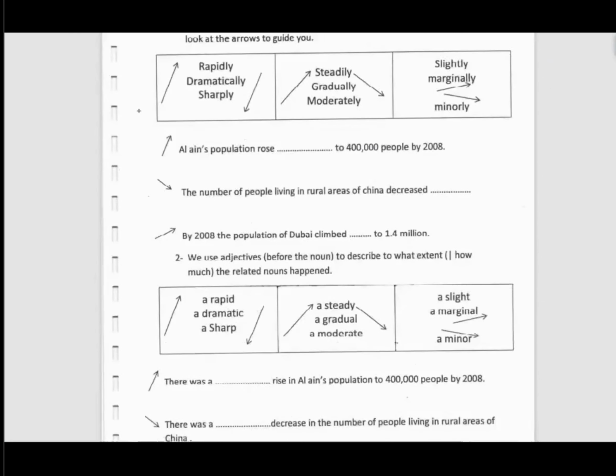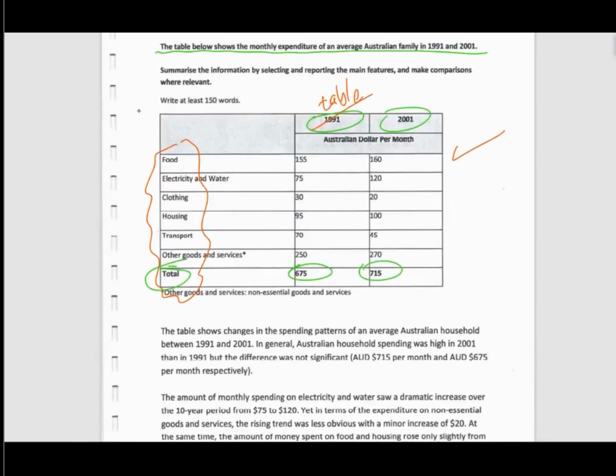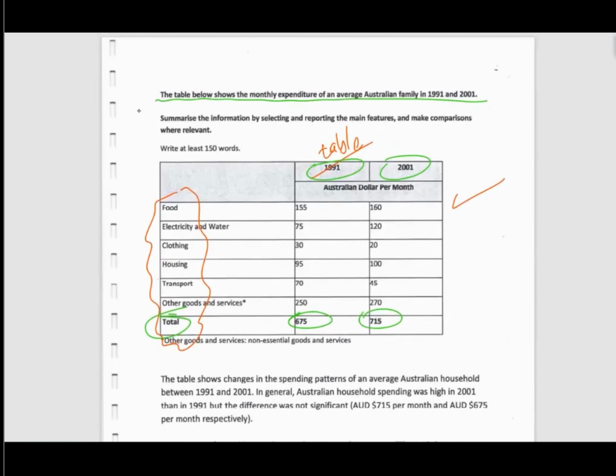We will move now to look at a table. Another question. So, as I said, in the table, there are elements or information about something, and there are periods of time also, and a total.